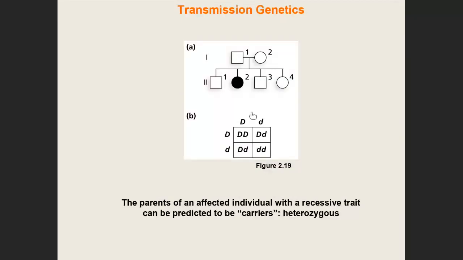But I'm not going to insist on that. This is very simple. You can clearly see 1 and 2 are heterozygous, and they transmit the trait 25% of the time.